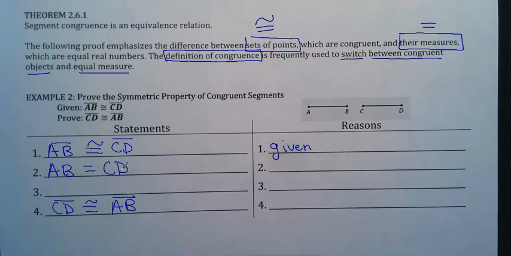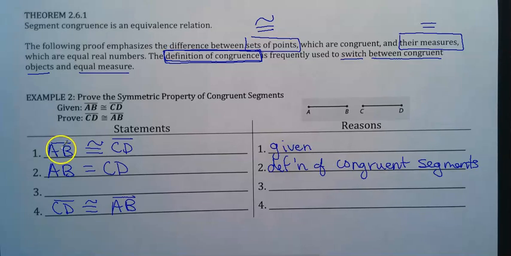Okay, that is the definition of congruent segments. See, that's what it just said up here. We're going to use the definition of congruence, or in this case, congruent segments, frequently to switch between congruent objects, so the segments, and the equal measures.